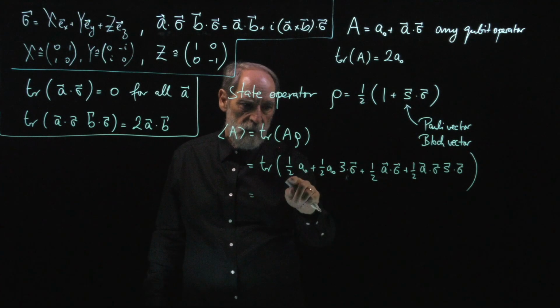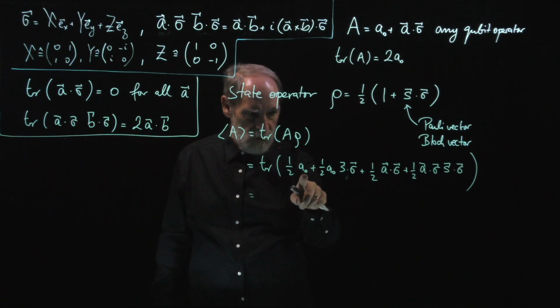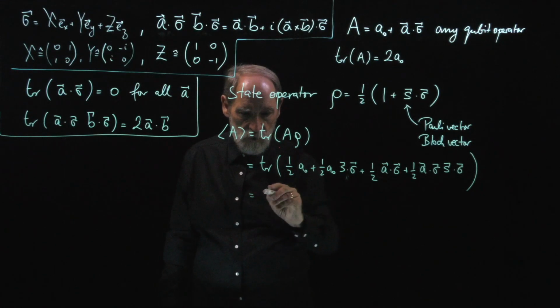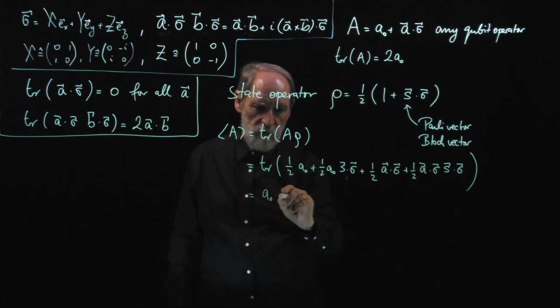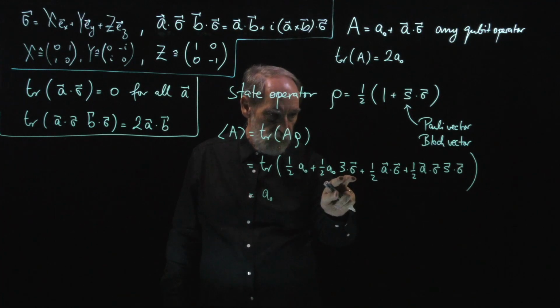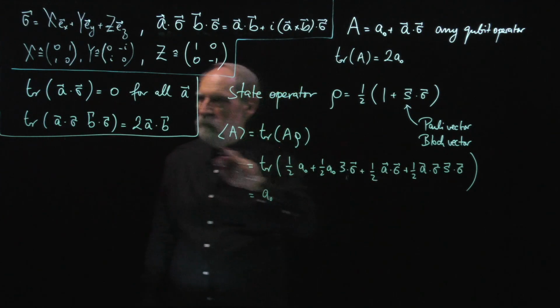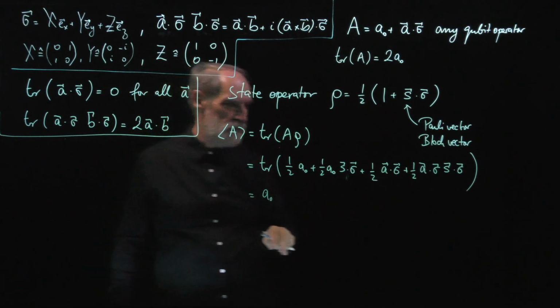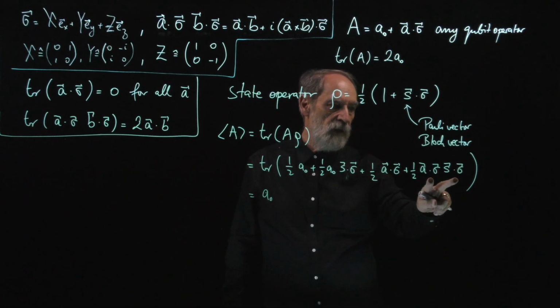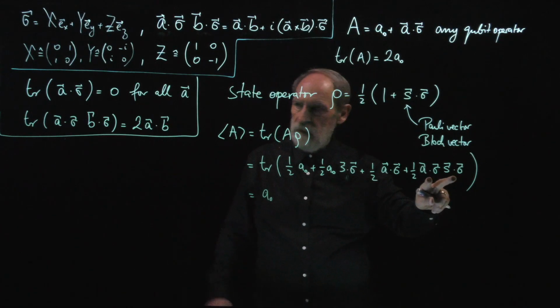Now, the half A0, well, that's half of the identity. The trace of the identity is 2, so the trace of half A0 is just A0 itself. Then the trace of S dot sigma, the trace of A dot sigma, well, these are traces of this kind, which are both 0. And this is a trace of the kind that we have here.